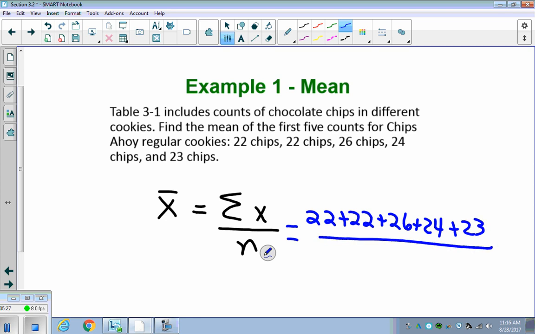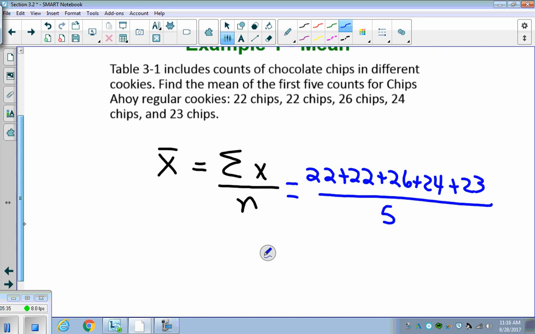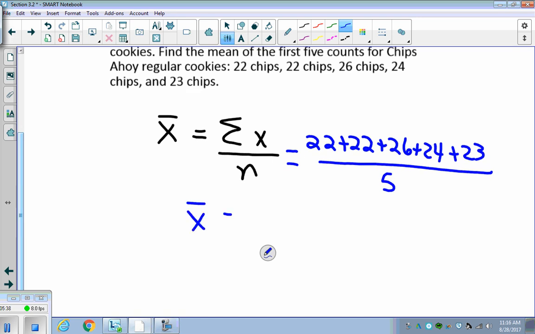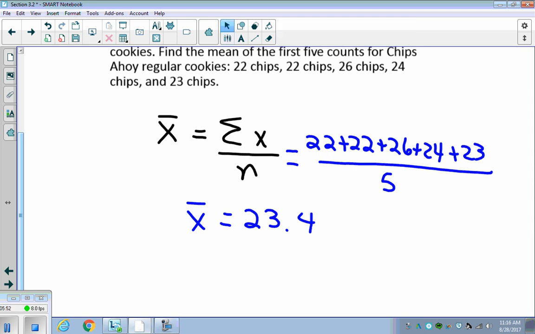And then I'm going to divide by the number of cookies I've used on my sample, which is 5, and good, everybody's on their calculators. 23.4. So the mean number of chips in the Chips Ahoy is 23.4 chips.